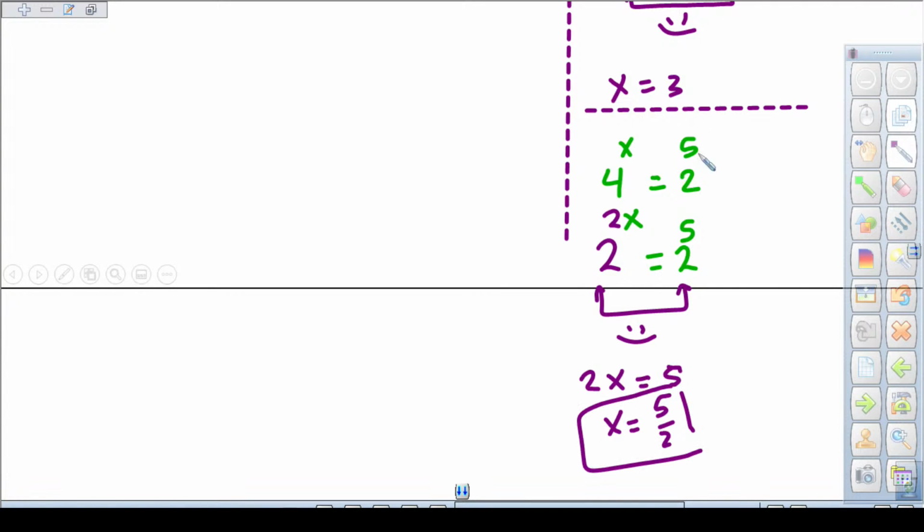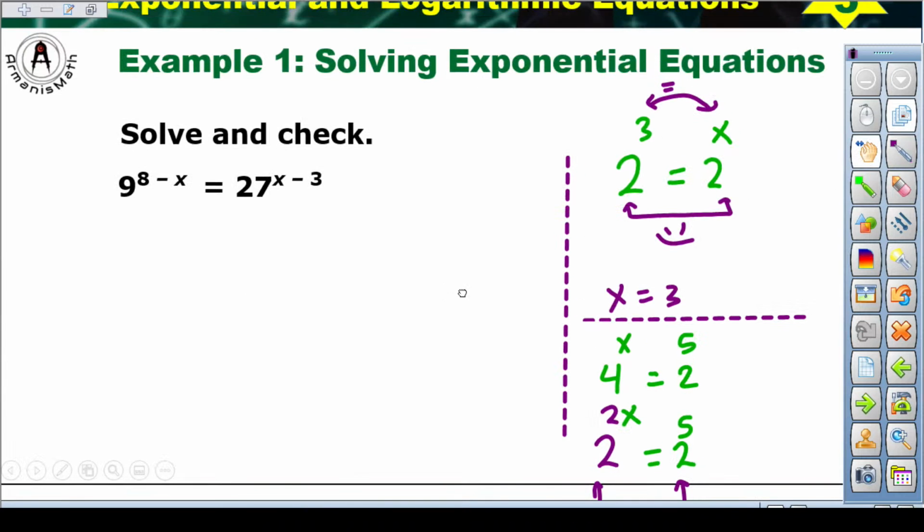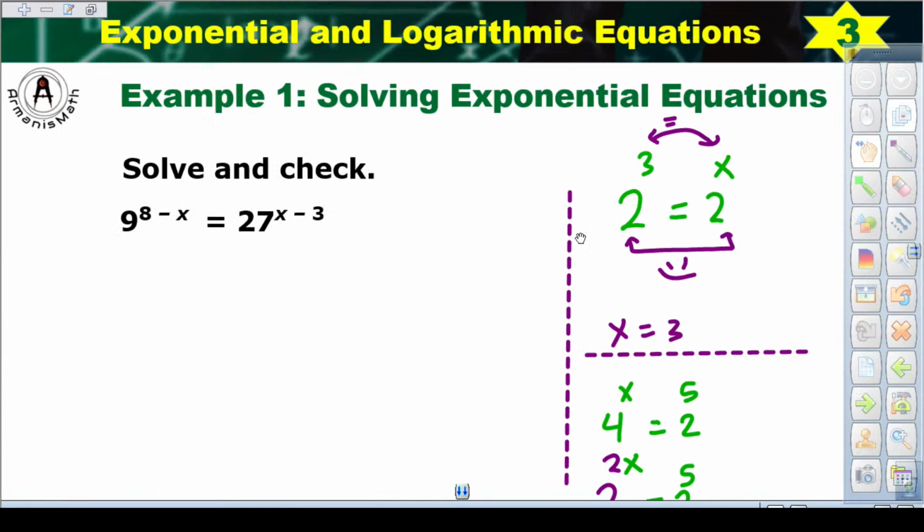So you're going to see both of these approaches today. Some of them are going to be very simple. Some of them you just have to find a common base and then work from there. Let's deal with the problem at hand. This one states solve and check, and I really wanted you to follow both of them.